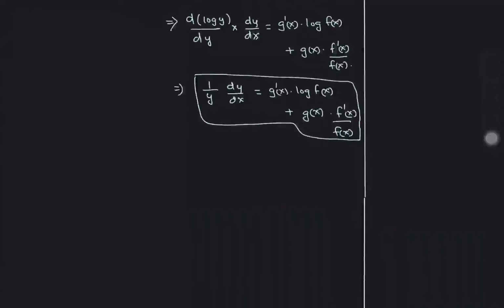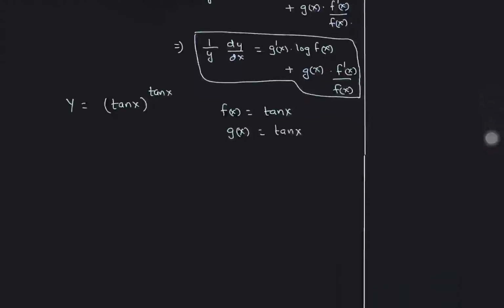So we are given y equals tan of x to the power tan of x. So you can say f of x here is tan x and g of x is also equal to tan x. Okay, so if you take log on both the sides, taking log on both sides, what do you obtain?